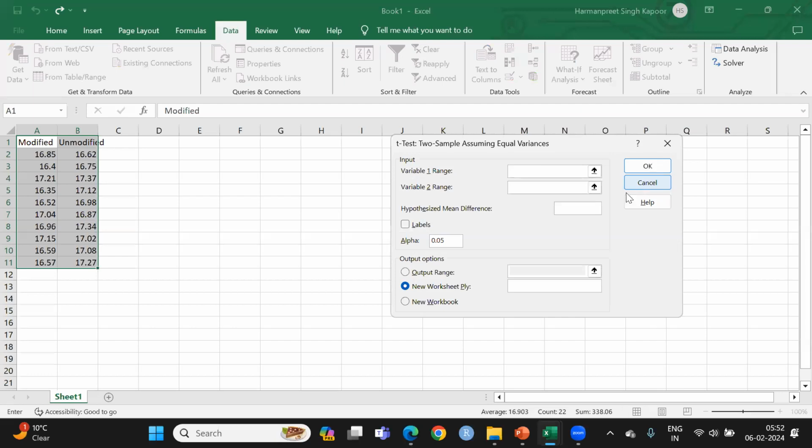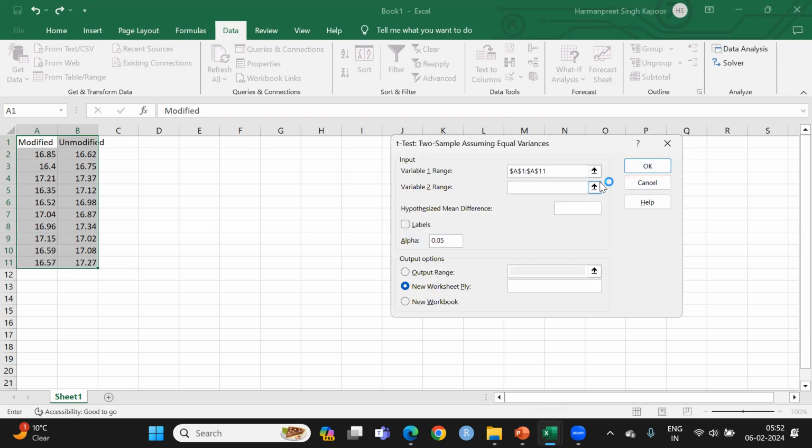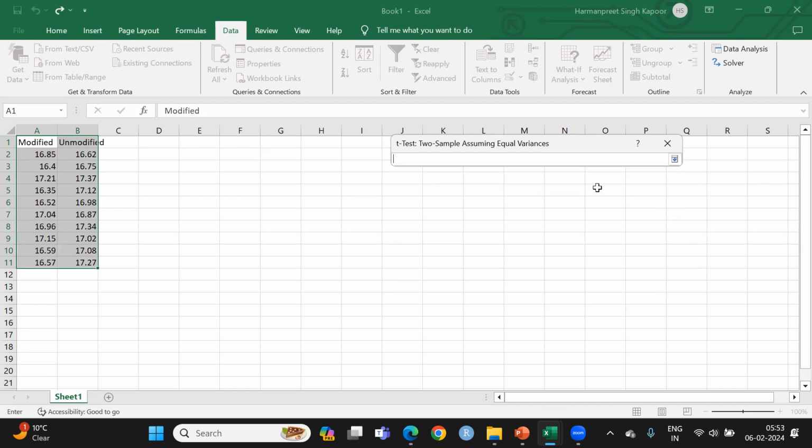When I click, I first have to select the range of the first variable, then the range of the second variable.